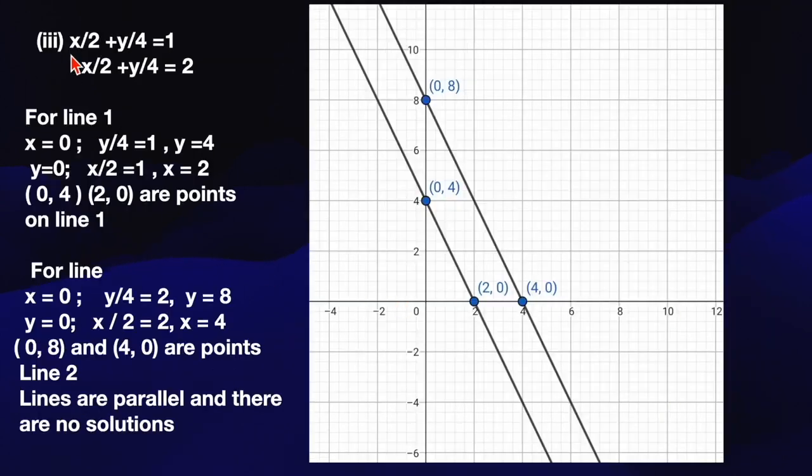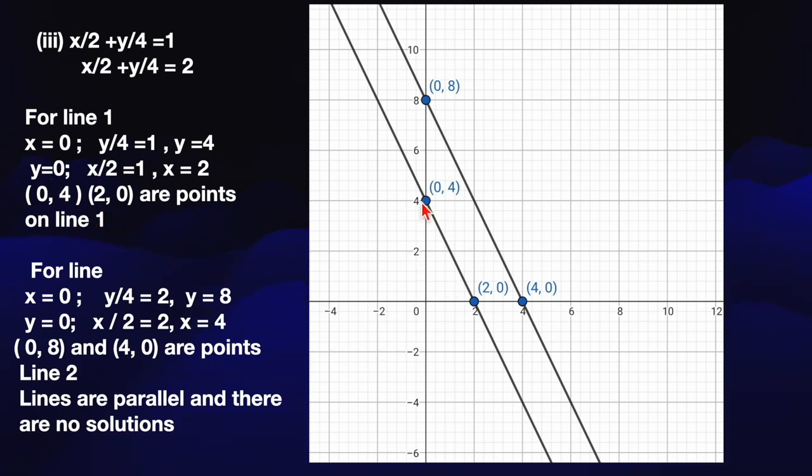Okay. Third sum, x upon 2 plus y upon 4 is equal to 1. x upon 2 plus y upon 4 is equal to 2. Take the first equation. Put x is equal to 0. You get the value of y as 4. Put y is equal to 0. x is equal to 2. So 0, 4 and 2, 0 are the 2 points. Okay. Let's plot them.